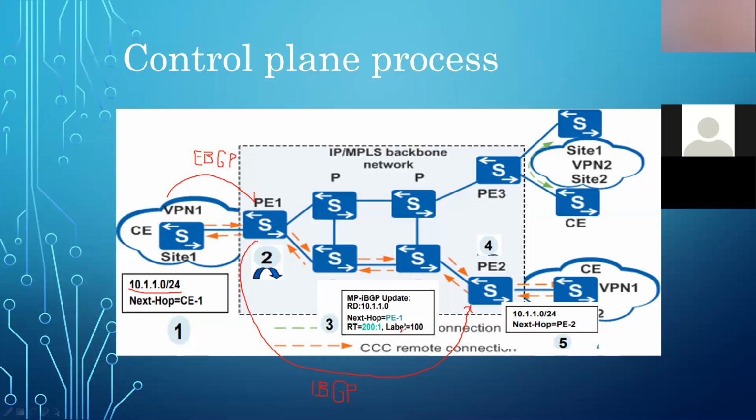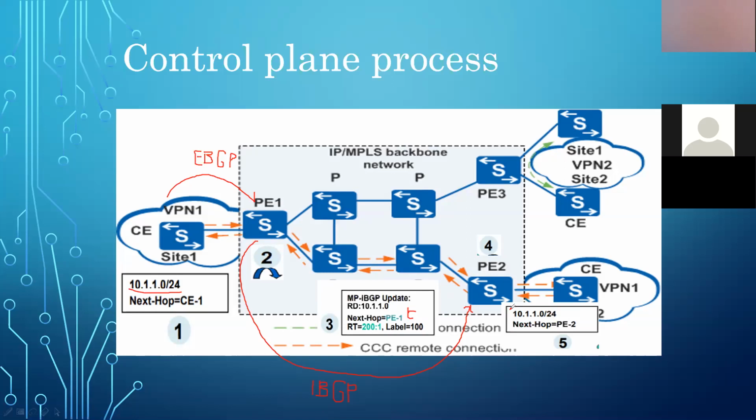It will associate the route target value, which means export 201 per VRF, and it will rewrite the next hop to itself, and then assign a label, label 100, and install it on the MPLS forwarding table. Then it will send the MP-IBGP update to the other PE, PE2.